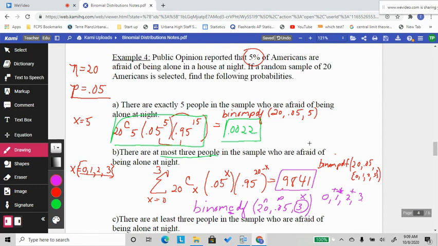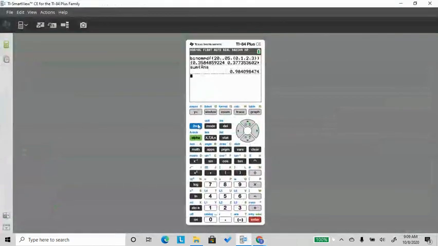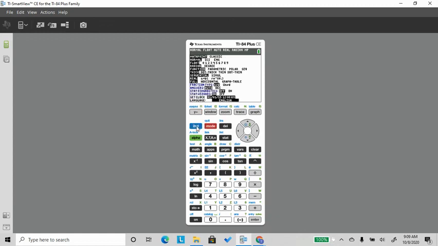So I'm going to go to my calculator, and it's in second bars, same place, and I'm going to go to B, just CDF, it's right below the PDF. And then I'm going to say 20, let me do something, second bars.